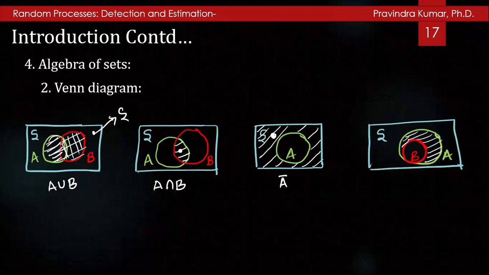And another: here the sample points belong to A but don't belong to B, and here B is a subset of A. So the sample points in this shaded region we can represent as A intersection B bar. B bar means all the sample points that don't belong to B.